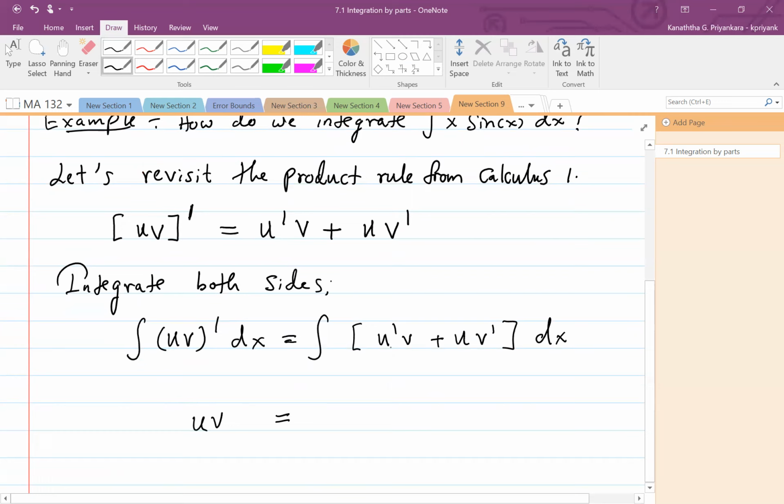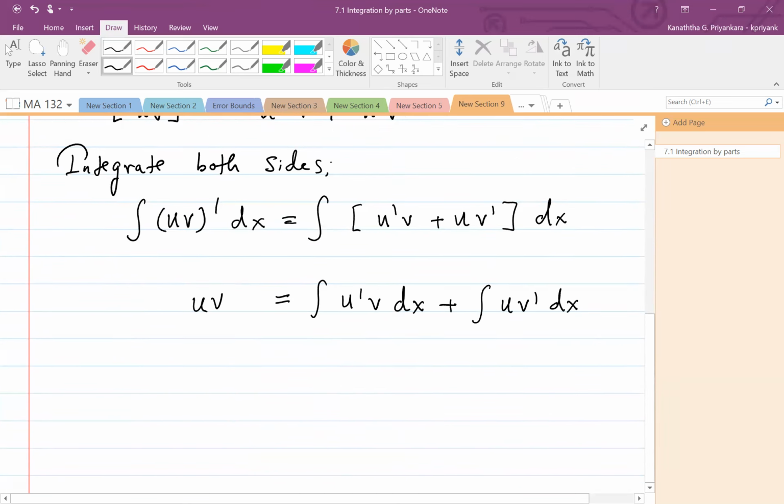Now we can distribute this integral. So we have the integral of u prime v dx plus the integral of u v prime dx. Now I need to solve this for the integral of u v prime dx.